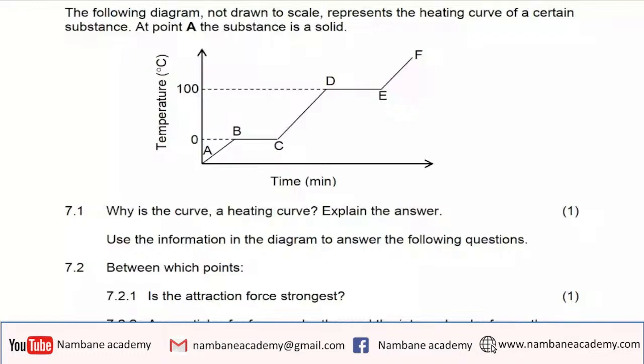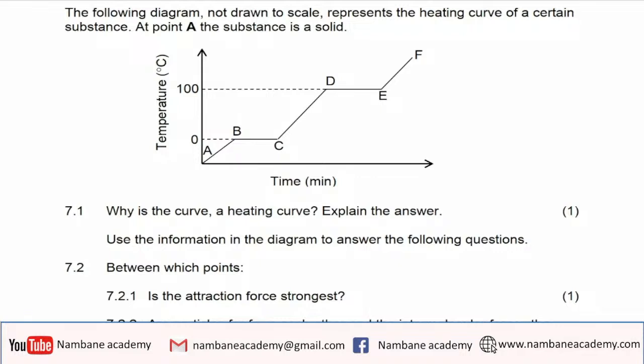So the learner is saying it's gaining heat as it was from solid, since the temperature is increasing. But the learner did not talk about the temperature. Instead, it just said it's gaining heat. We have to stick to what is happening there. Heat is given already, so this learner is not telling us exactly what is happening.